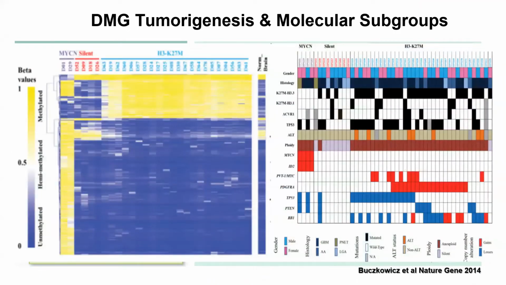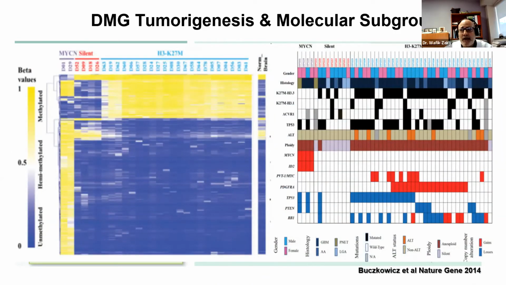Early attempts to dissect this tumor molecularly using gene expression and methylation profiling have yielded 3 molecular subgroups of the DIPG or midline gliomas, as you can see here. The majority are the ones that have the histone mutation, 70% of the time, and 12% are driven by MYCN, and there is a small group, about 10%, that are silent.